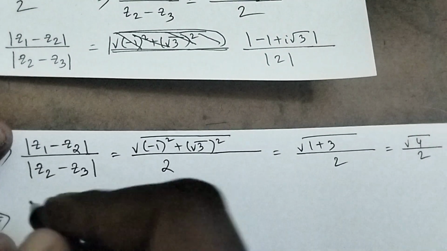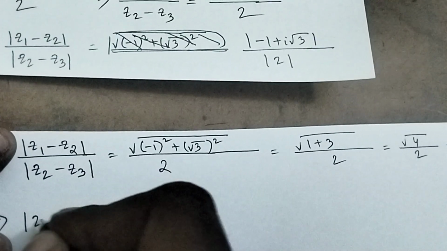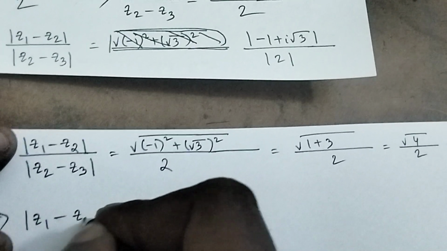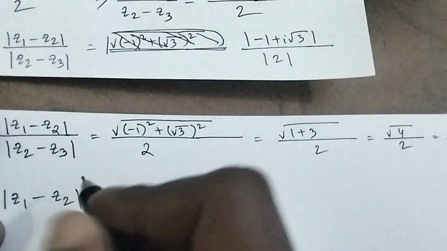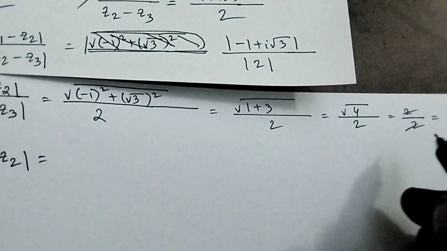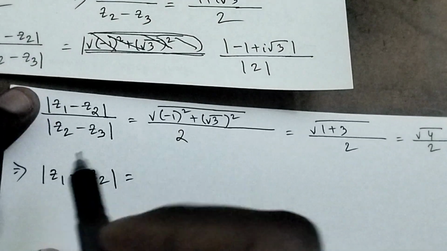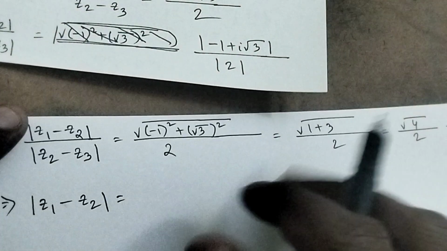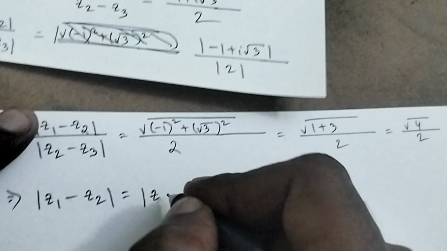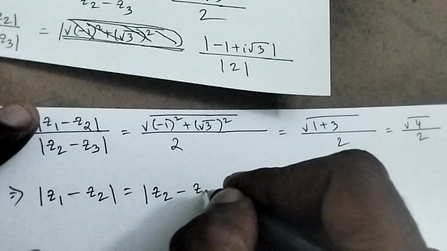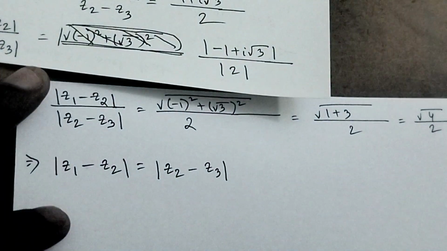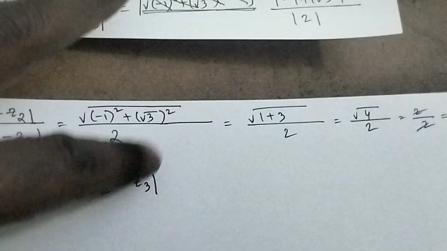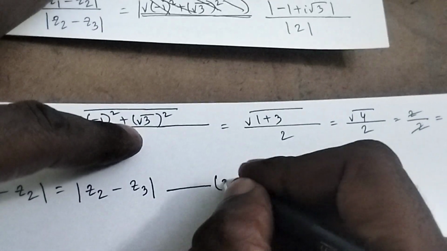So from here we can write |z1 - z2| is equal to 1 into |z2 - z3|, so it will be |z2 - z3|. Name it as equation 3.